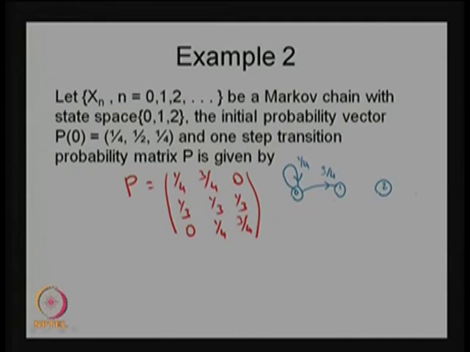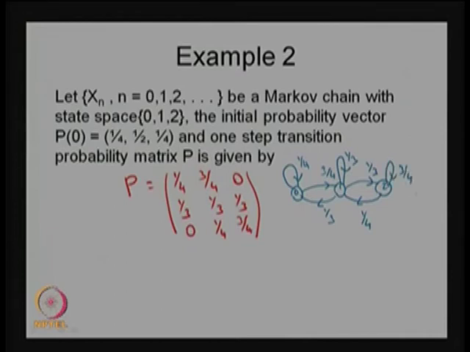From 1, the 1 step transition probability of 1 to 1 is 1/3, and similarly the others are 1/3. From the state 2 to 0 is 0, and 2 to 1 is 1/4, and 2 to 2 is 3/4.